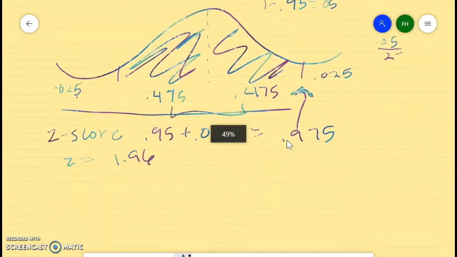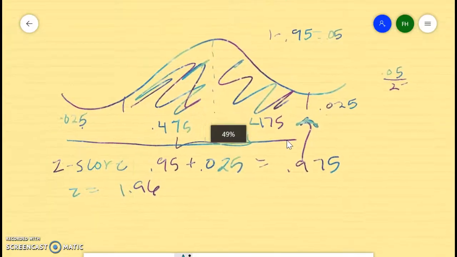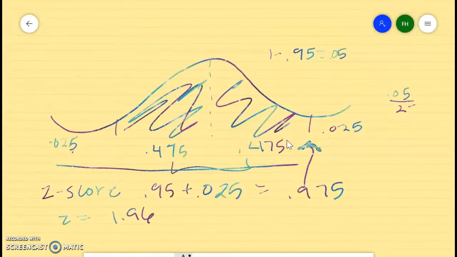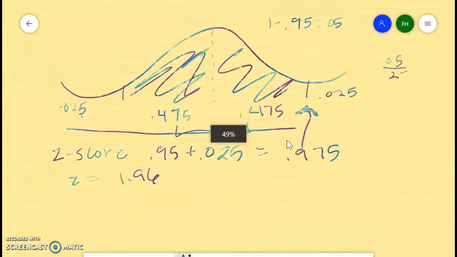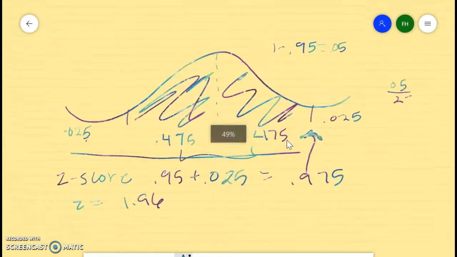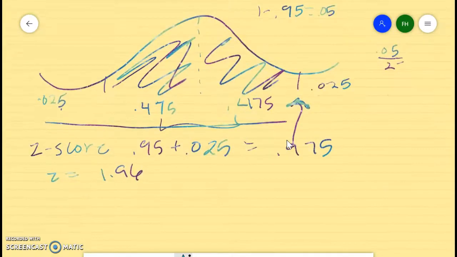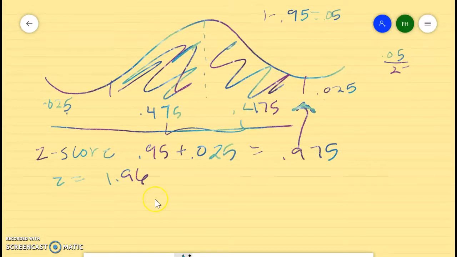Now, since it's a two-tail test, if you wanted to just use the cheat sheet on the PowerPoint in that chapter, you could do that. What you would do is look at the little slide that has the 95% two-tail test.